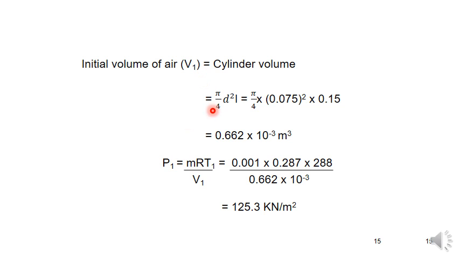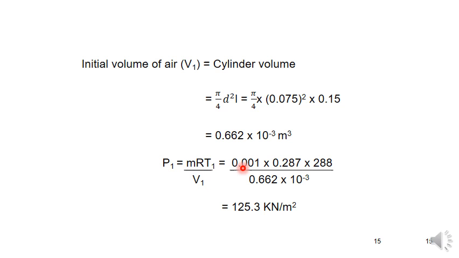So V1 we get from pi by 4 d square L. P1 by using the ideal gas equation PV is equal to MRT. So I am writing P1 V1 is equal to MRT1. So from that P1 is equal to mRT1 divided by V1.